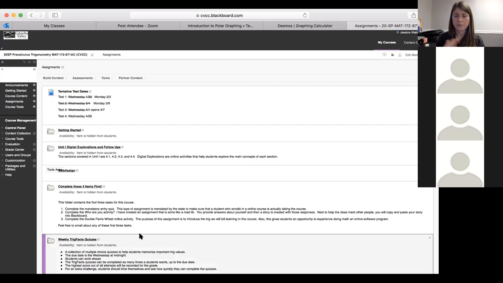Normally if we were in person, we would finish up, and any loose ends, anything we didn't quite get, you would work on in that class. We really don't have any loose ends as far as what you're going to be accountable for. Use your Desmos activities as those explorations, and then use those WebAssigns to solidify the types of questions I expect you to be able to answer.